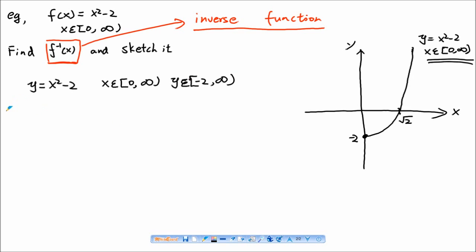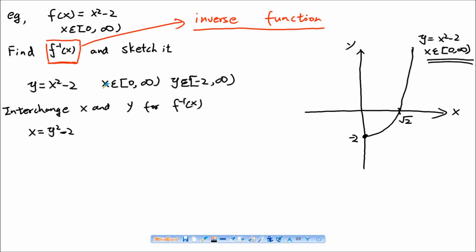Now let's interchange x and y for the inverse function. So I will have x equals y squared minus 2.